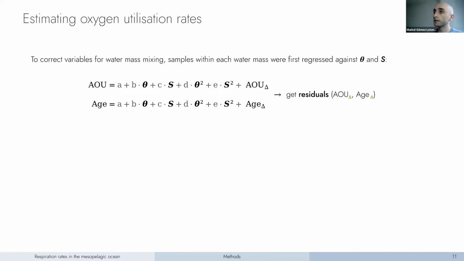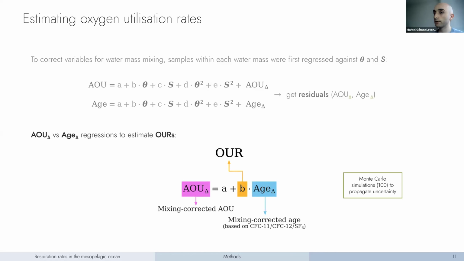So what we did was multiple linear regressions with potential temperature and salinity and these variables as shown in this slide, and kept the residuals from these regressions, which are indicated by this delta symbol. It was these residual values, from which the variability associated with water mass mixing has been removed, that we used to estimate oxygen utilization rates with these regressions of apparent oxygen utilization versus age. The slope of these regressions is what we are interested in, as it constitutes the oxygen utilization rate.